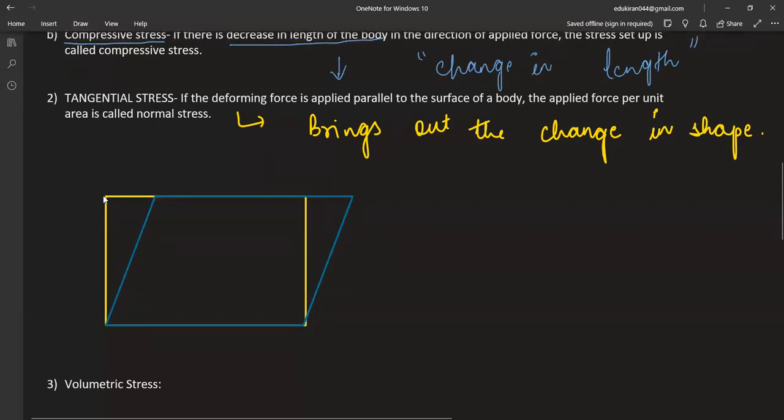I gave you an example yesterday: the best example is the textbook, because it can keep its base at the original position and shift its upper surface. This is theta. The difference here is that the applied force is parallel, whereas it was perpendicular in longitudinal. Here the force will be parallel.